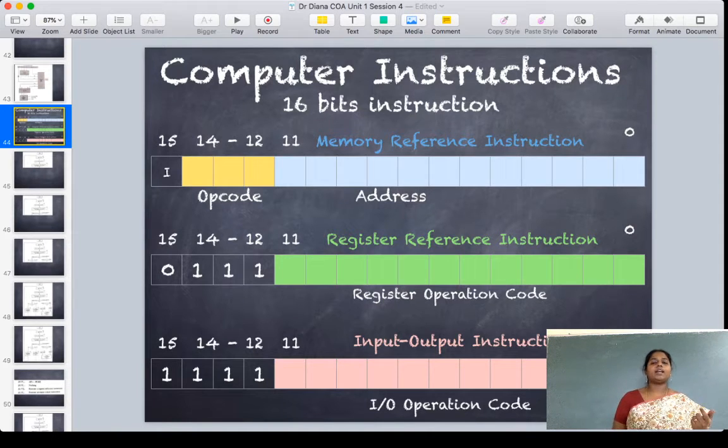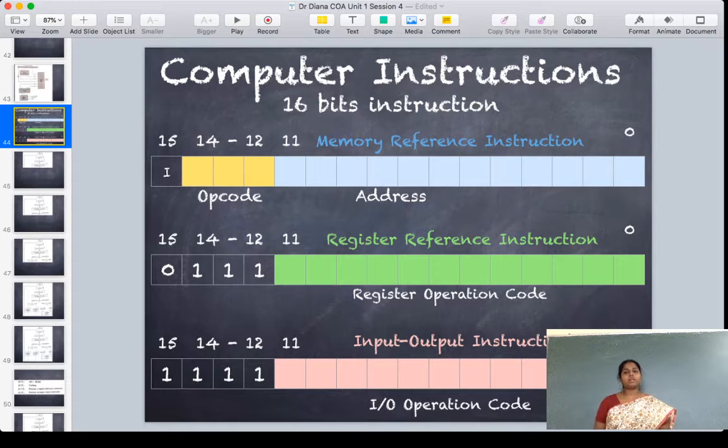We already had a run through of the register reference instructions earlier. Register reference instructions have bit 15 set to 0 and the opcode bits 14 to 12 are set to 1, and the remaining 12 bits, 0 to 11, indicate what operation has to be performed using the instruction. Some register transfer instructions can be given using those 12 bits.